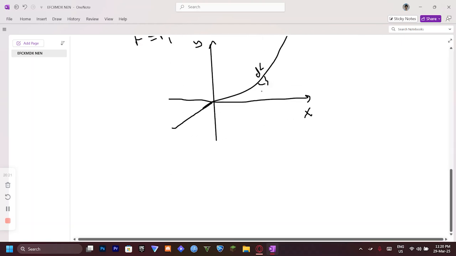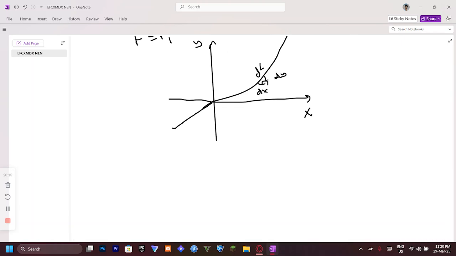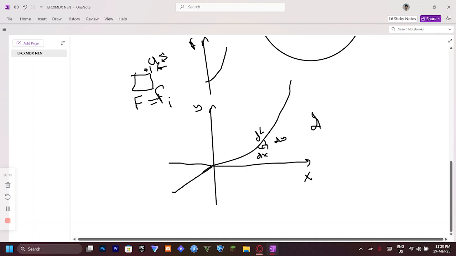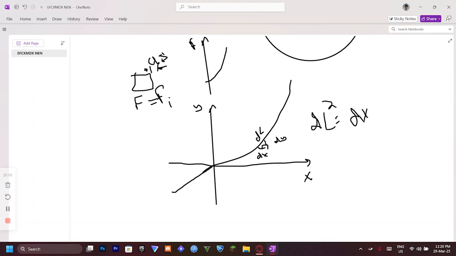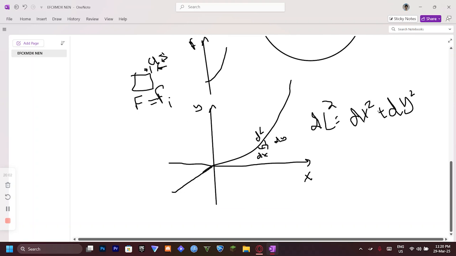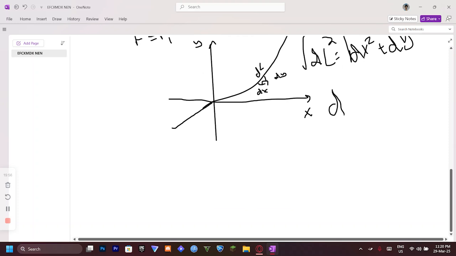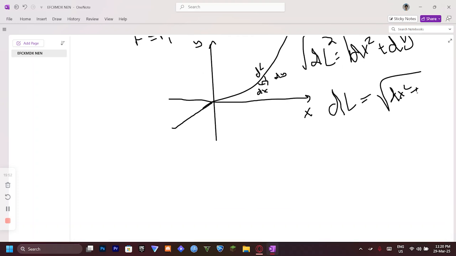This is dx, this is dy, and since dy is normal to dx, you can say that dl squared equals dx squared plus dy squared. How is that useful? Well, square root both sides, you get dl equals the square root of dx squared plus dy squared.